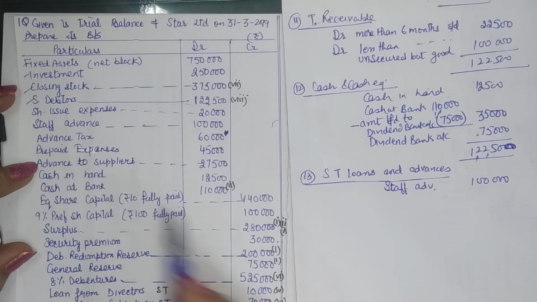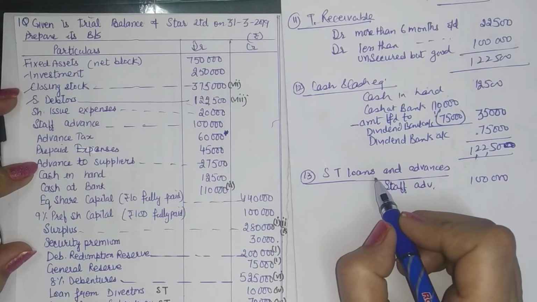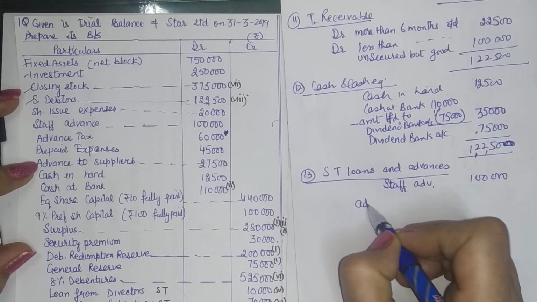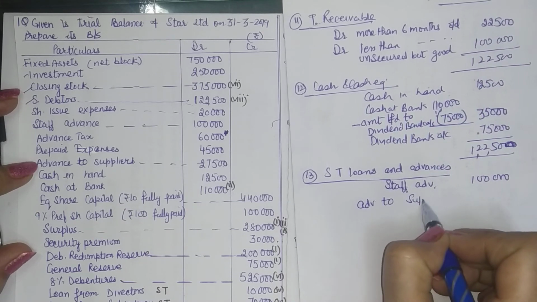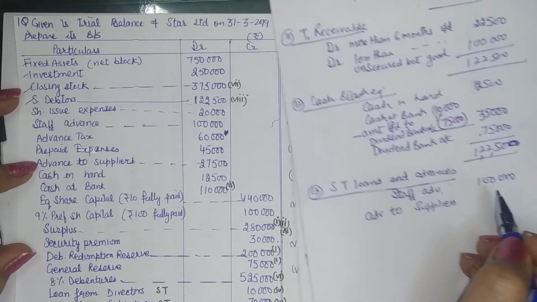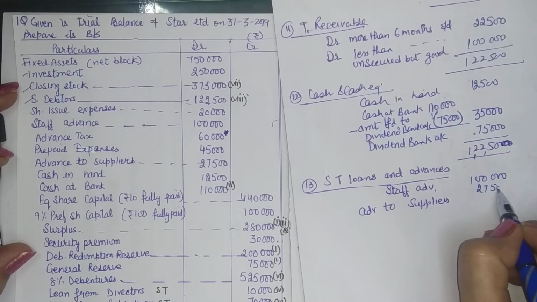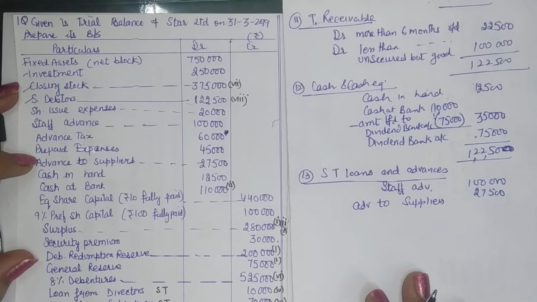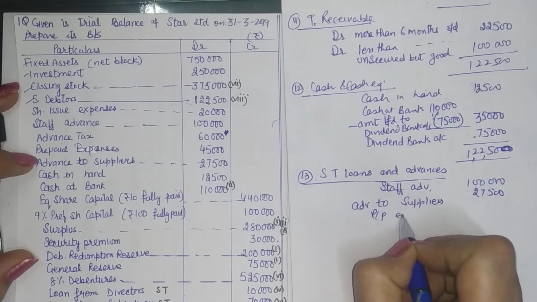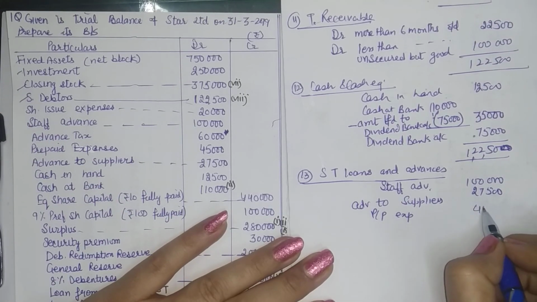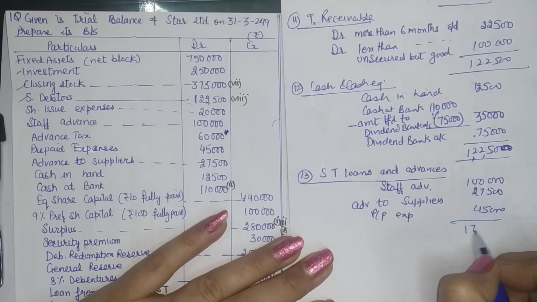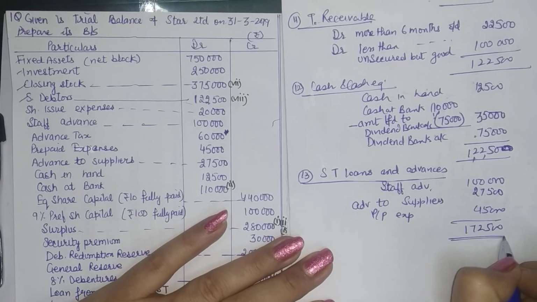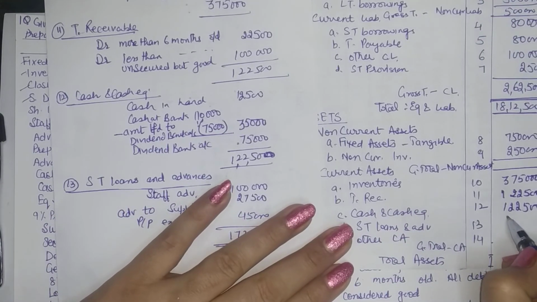Then you have advance to suppliers, 27,500, and you have prepaid expenses also, right? So 45,000. That gives us 1,72,500.